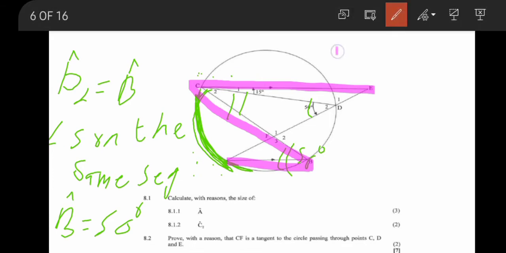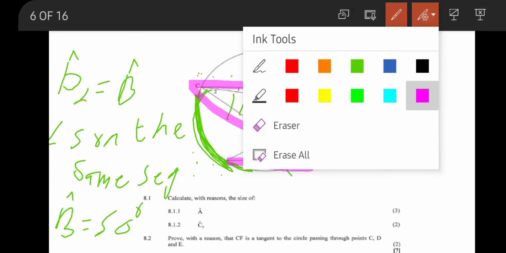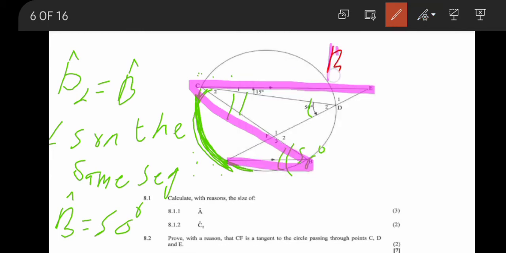So we're going to say angle B is equal to C1 plus C2.